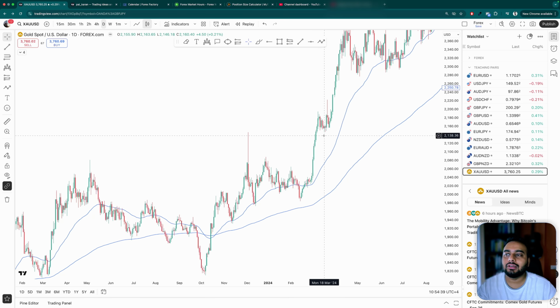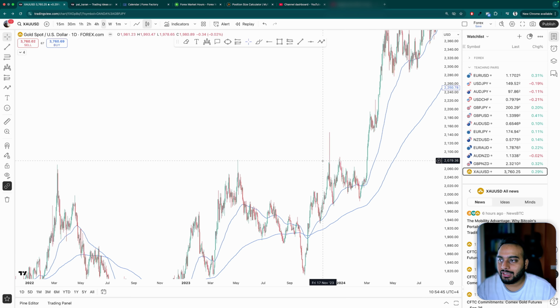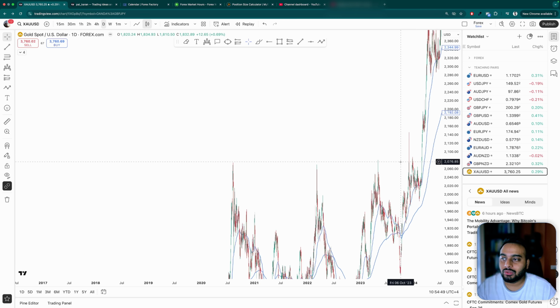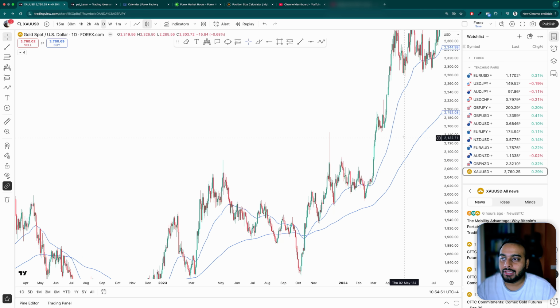Now, how do we enter these trades? Because there is no retest happening on the support line. If there would have been a retest, we could have entered a long position right here, but we can see there is no retest happening on the support line. A retest did happen on the liquidity level where the price reached here, but we wouldn't have known, right?